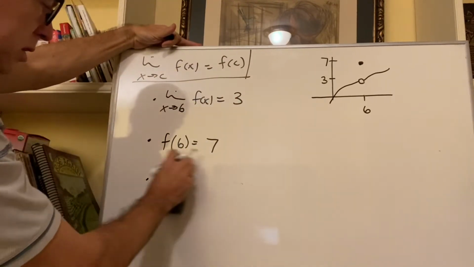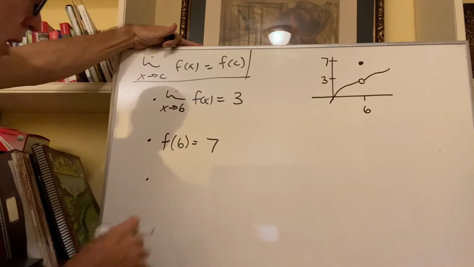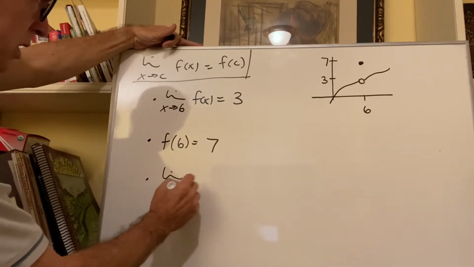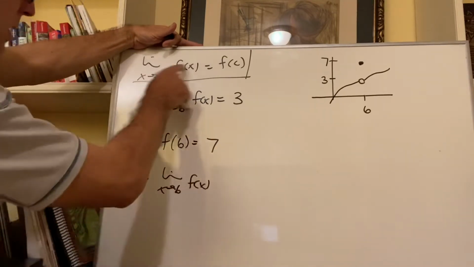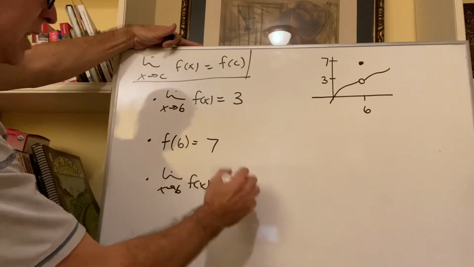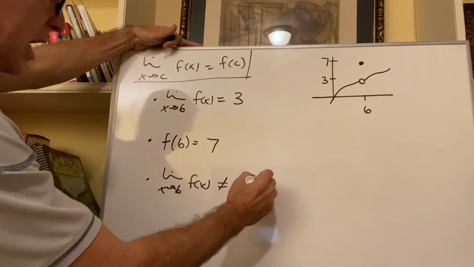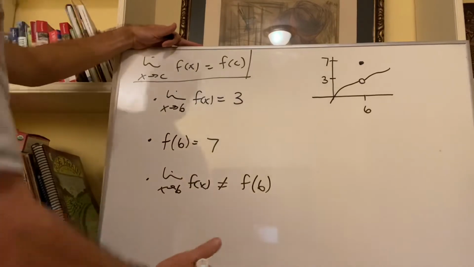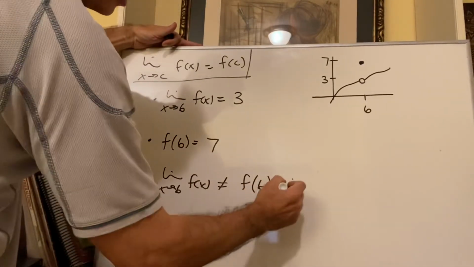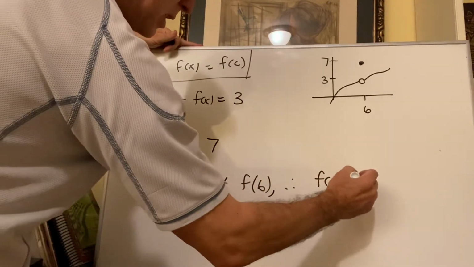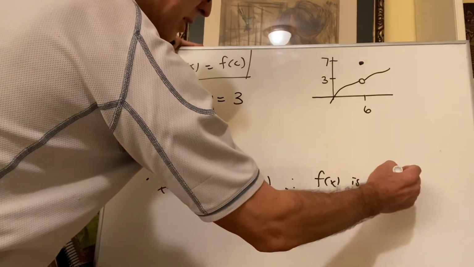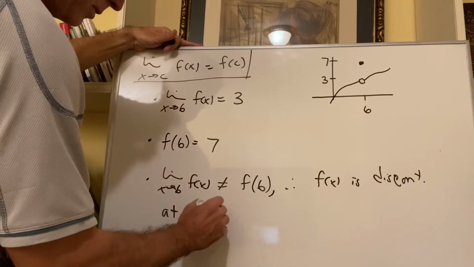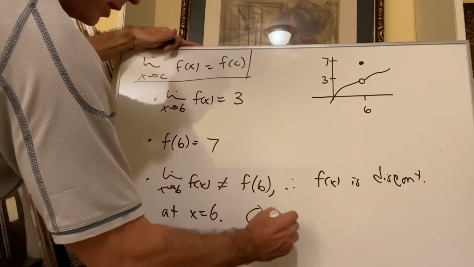So say it in writing. I'm going to say the limit as x approaches 6 of f of x does not equal f of 6. Now have I explicitly used this definition? Absolutely. So now I can say, therefore f of x is discontinuous at x equals 6. Shazam, QED that puppy, right?